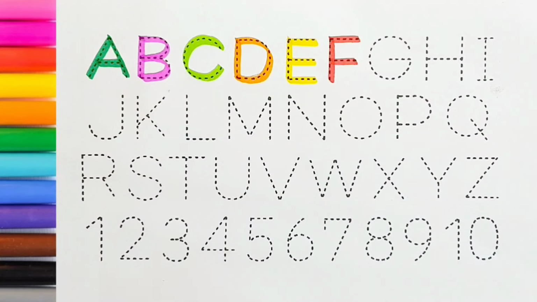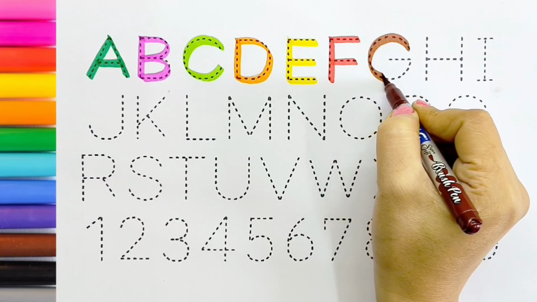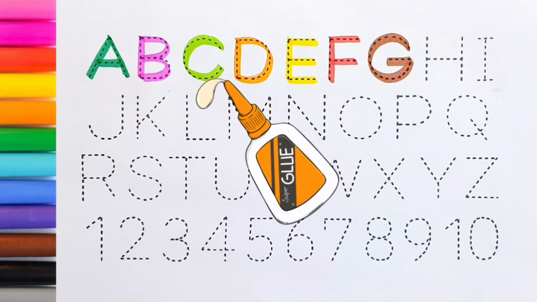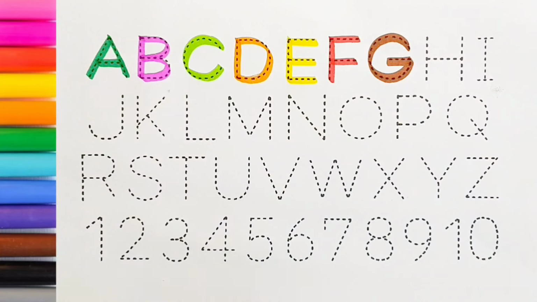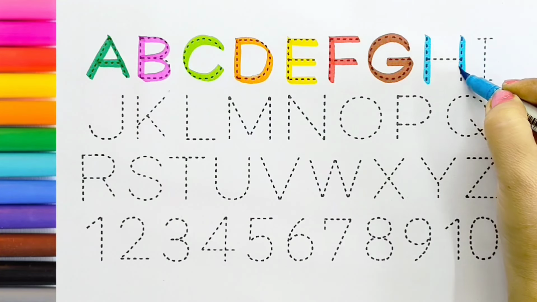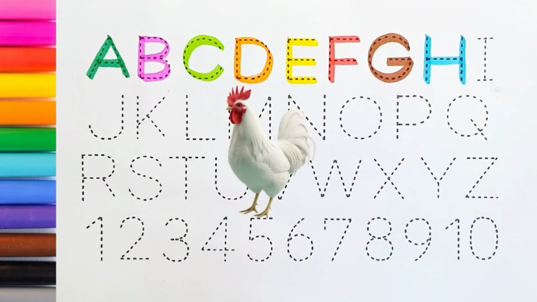Brown color G. G for blue. Sky blue color H. H for hen.